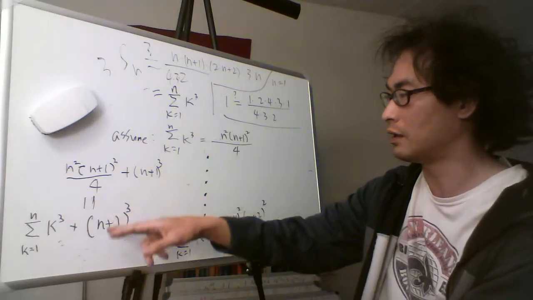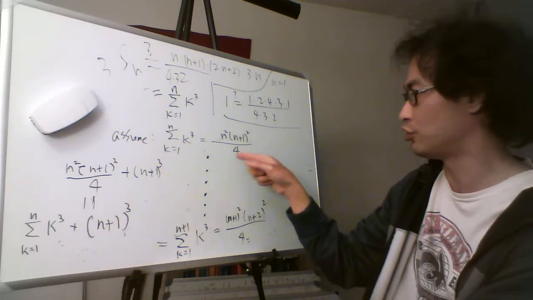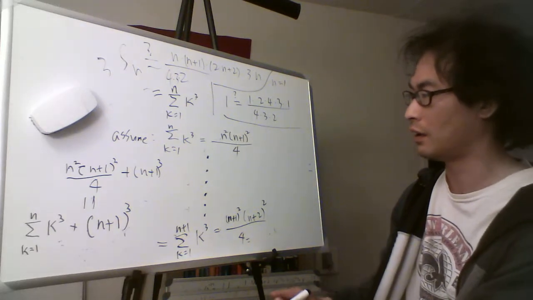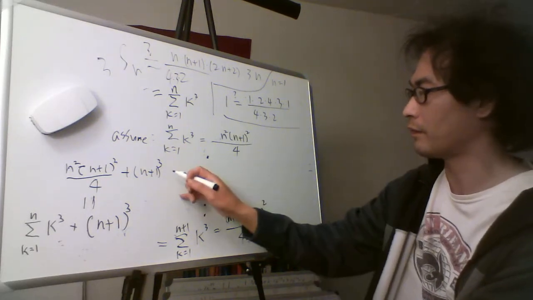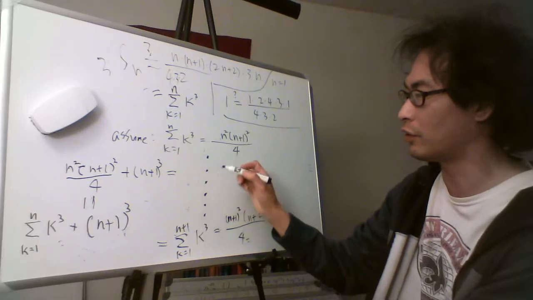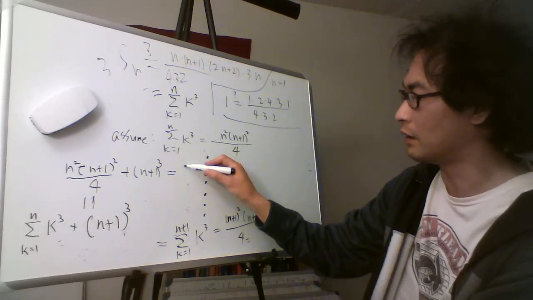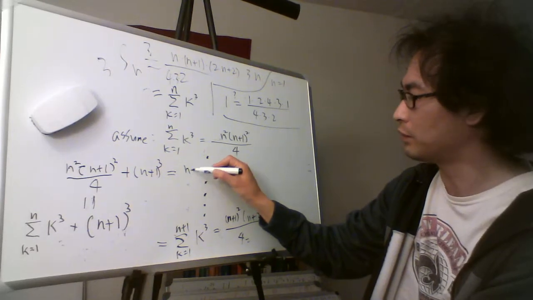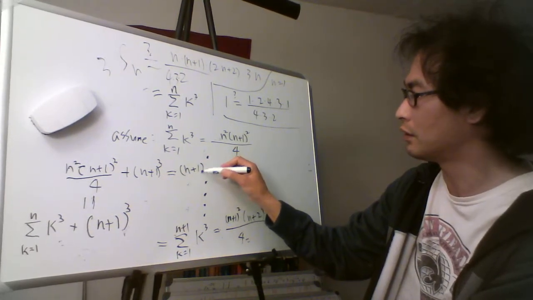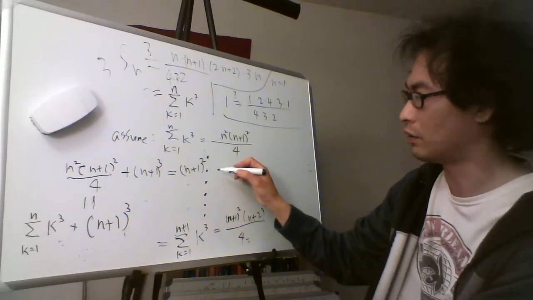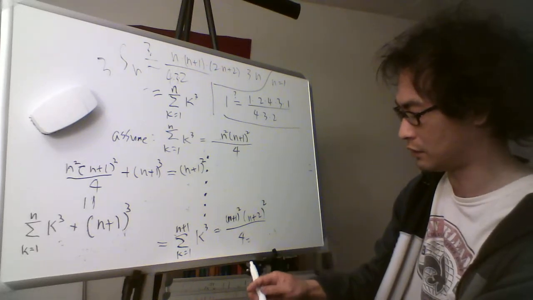And it goes like this because we assume this guy is true. And from here, you can do factoring. You have n plus 1 squared. Let's erase this dot dot dot.